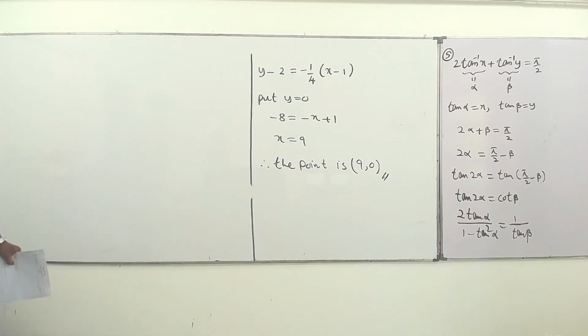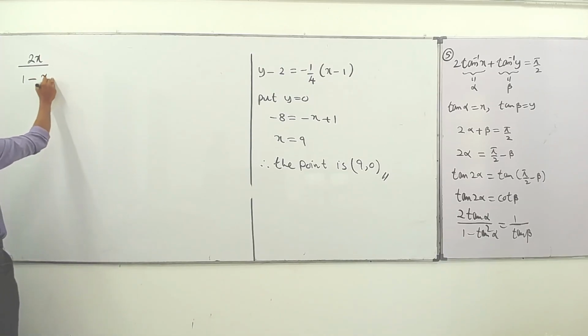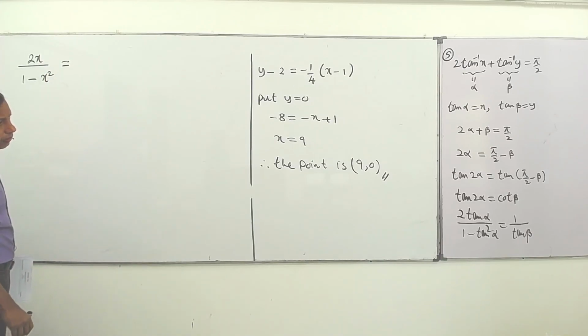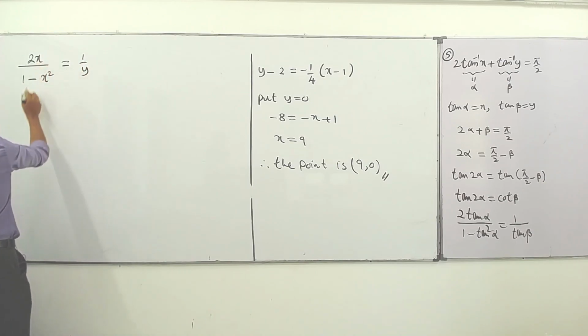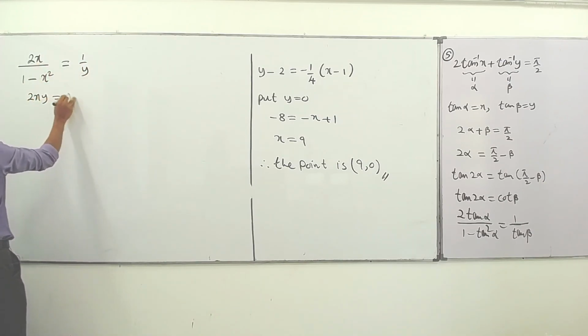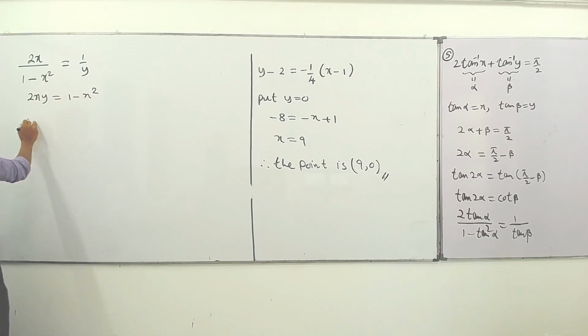Okay, our tan alpha is x. Then we get 2x over 1 minus x squared, which is equal to 1 over tan beta. Tan beta is y, so 1 over y. Right, we'll use cross multiplication: 2xy equals 1 minus x squared. Take this to the left side: x squared plus 2xy equals 1.